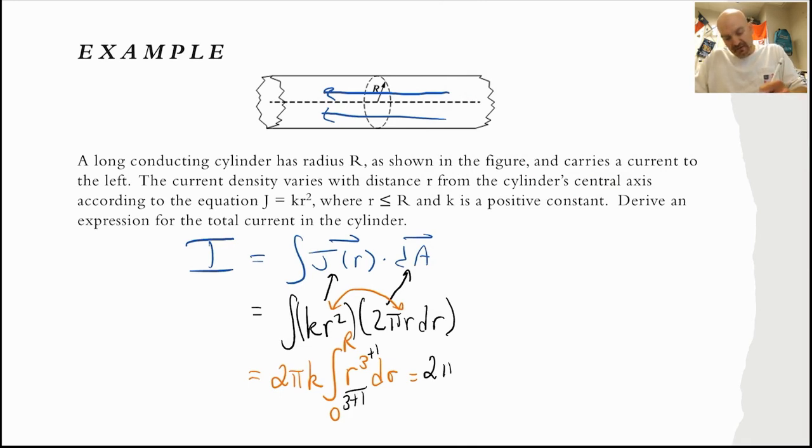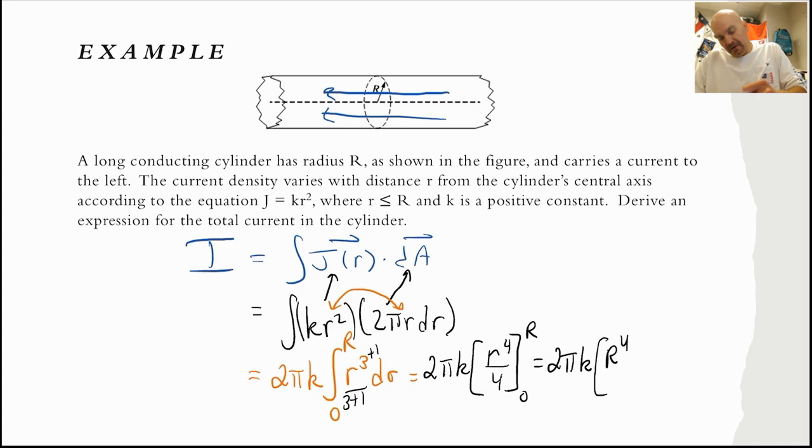And so we're going to get 2 pi k, and our answer is going to be r to the 4th over 4. And we're evaluating that from 0 to R, which again just means I'm going to substitute in capital R and 0, right? So 2 pi k times big R to the 4th over 4 minus 0 to the 4th over 4, which is good because the great thing with it being 0 is that's just going to be 0.